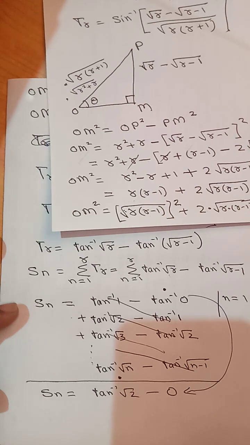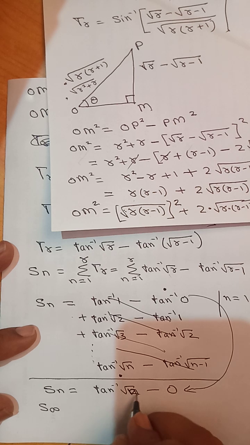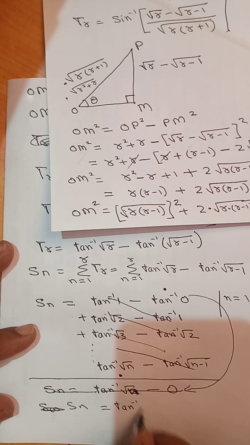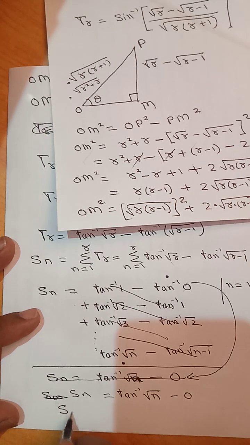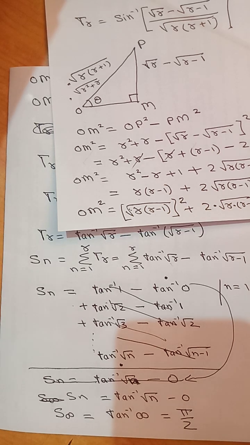So S_n is equal to tan inverse of root n. S infinity is equal to tan inverse of infinity. Tan inverse of infinity is pi by 2. The answer is pi by 2.